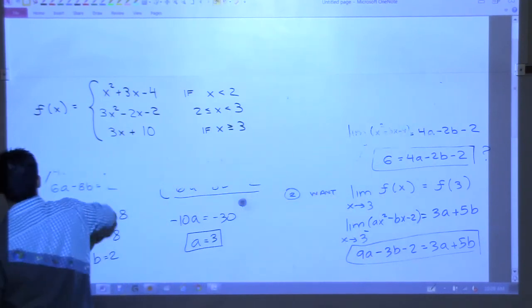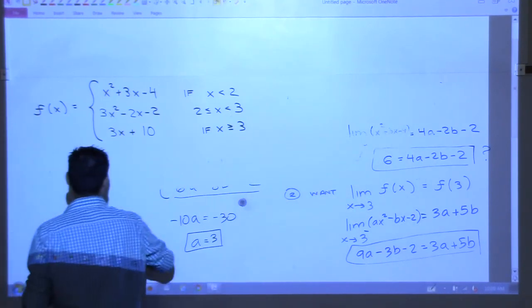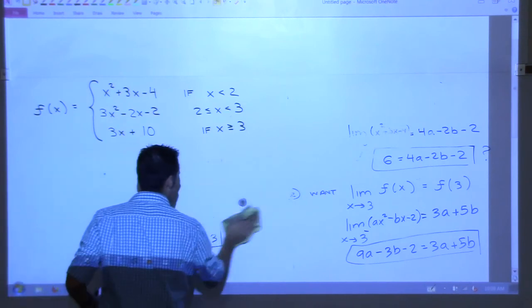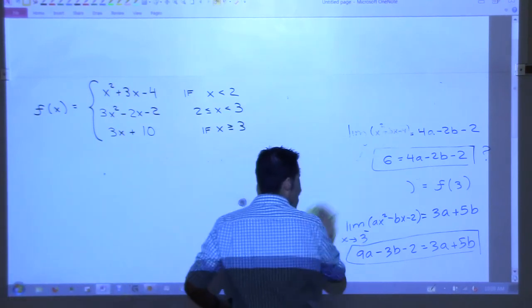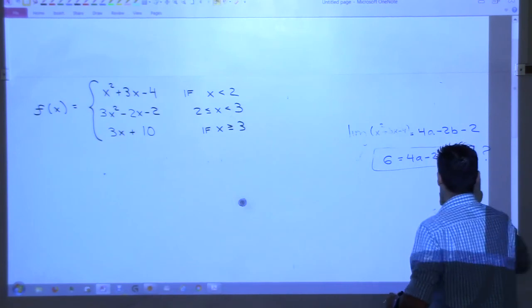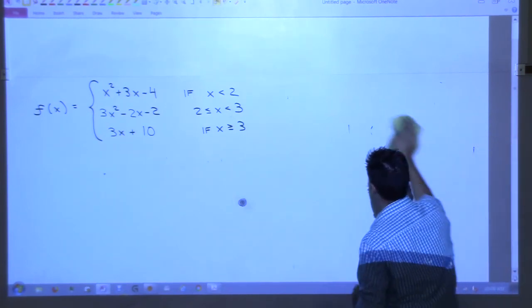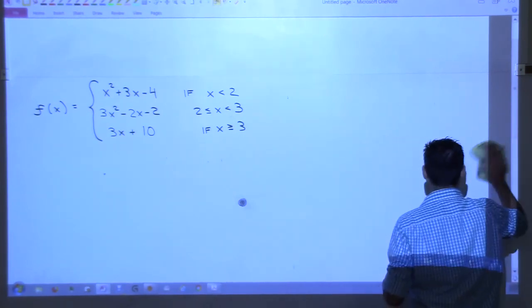I'm going to bring up that computer program again that I did the drawing where we were trying to get those to match up, right? And I can tell the computer to let A be 3 and B be 2, and let's see what happens. Do you trust that we got it?